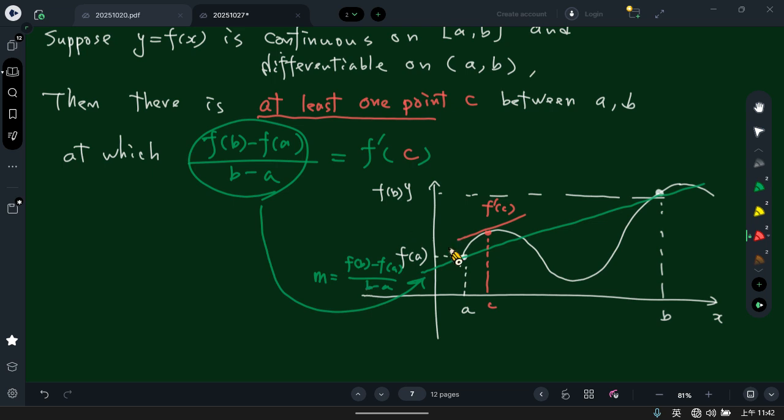And we also have another possible point, maybe somewhere here, C prime. Its slope is f prime C prime. They have the same slope. In this case, we have two points, C and C prime, whose slopes, their derivatives, are the same as the slope.